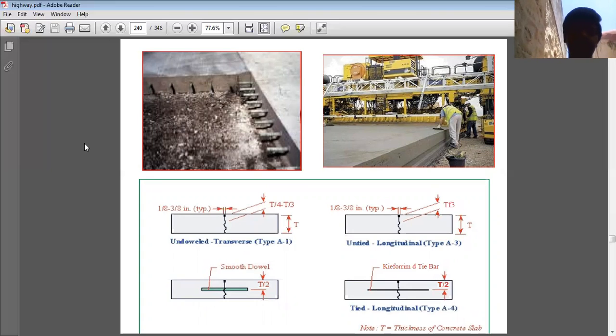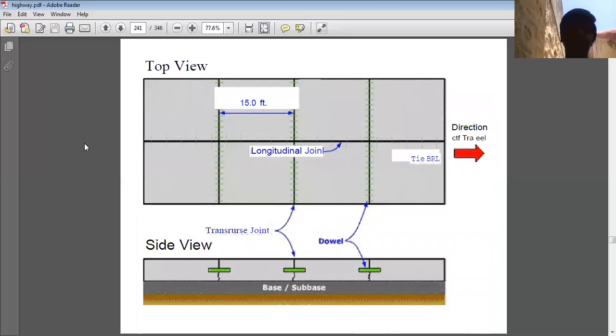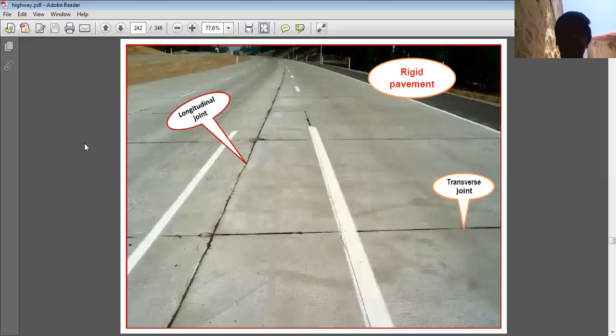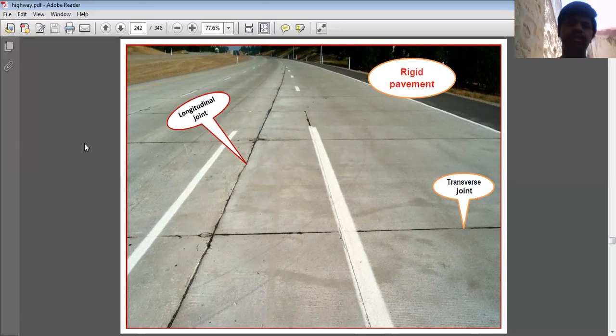Undoweled transverse joint, type A1. The second one is undoweled longitudinal joint. Next, the top view, 15 feet spacing, with intervals. Longitudinal joint side view, transverse joint dowel, transverse joint top view and side view. Longitudinal joints mean along the length, straight.